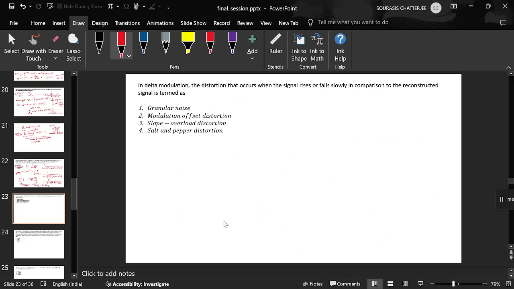So this is the concept about delta modulation, where instead of quantizing the samples, you remember we quantize the difference between consecutive samples. Since all natural signals are highly correlated, from one sample to another the thing doesn't change much, so the difference is also very small.